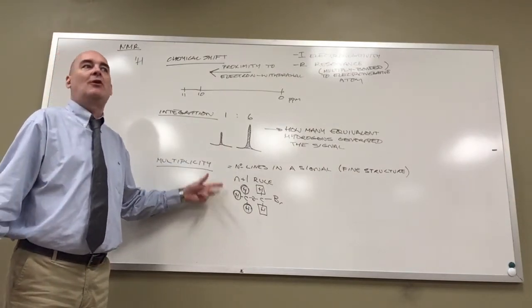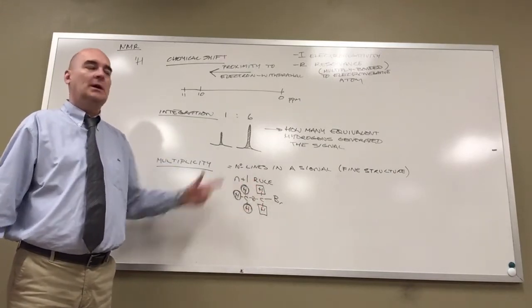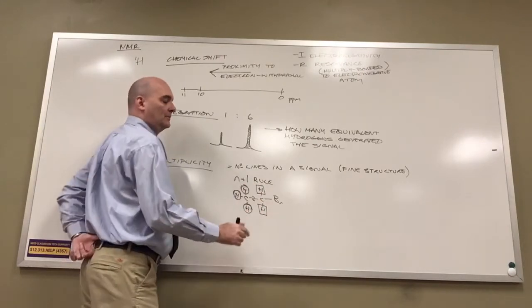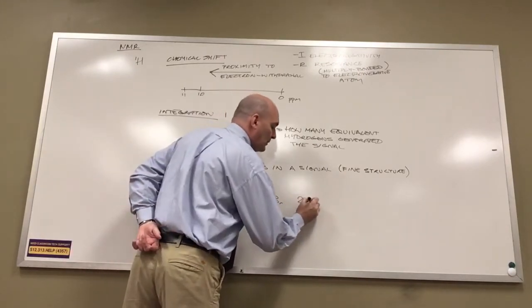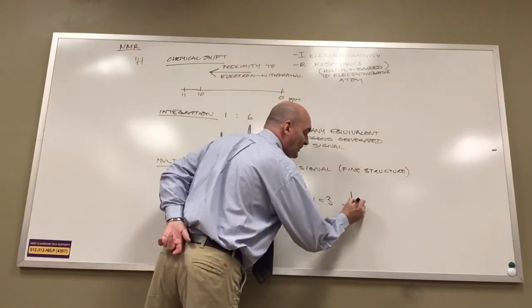Its neighbors are on the vicinal carbon. They're on the neighboring carbon. And it has 2 of them. 2 plus 1 is 3, which gives me a triplet.